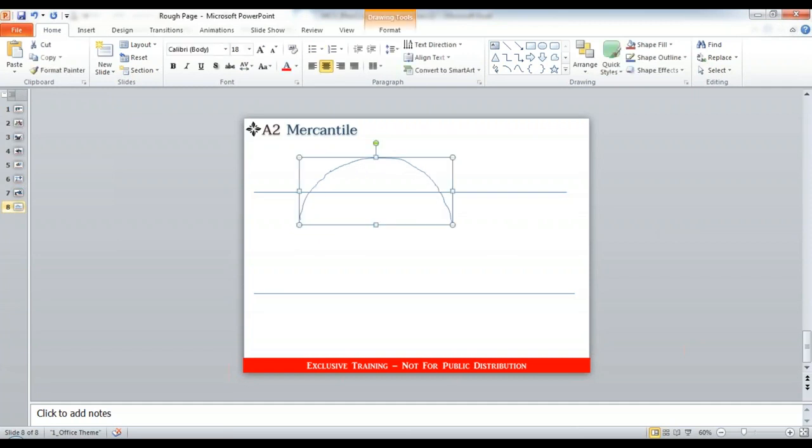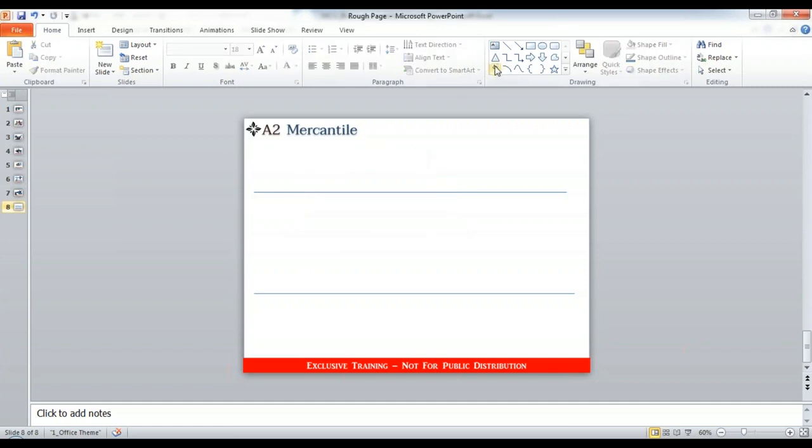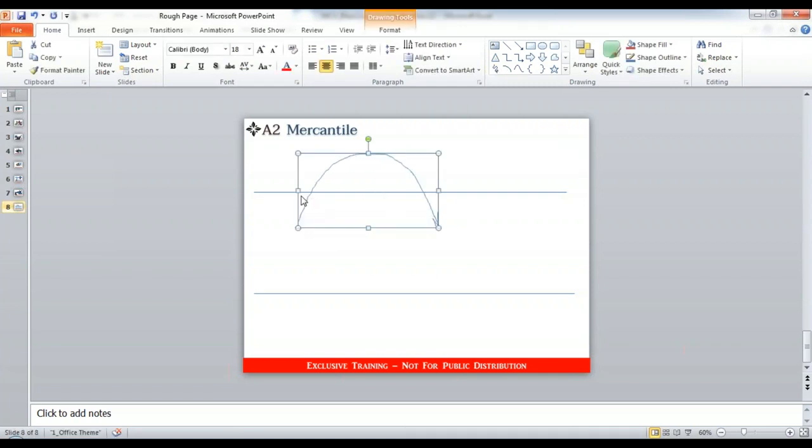It goes up like this and comes back down. Can you consider this to be a resistance formation? Correct? Yes, sir. Okay, so this is a resistance formation.